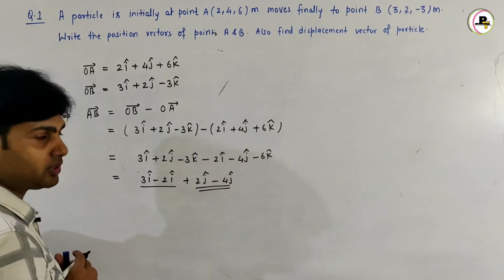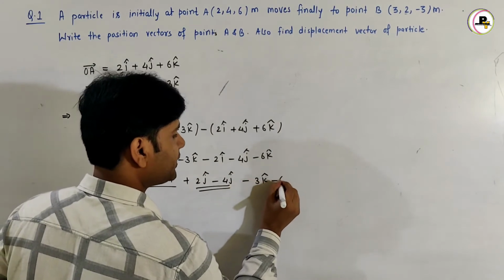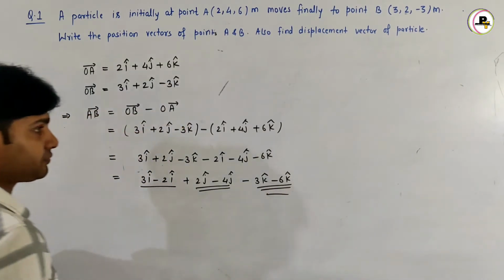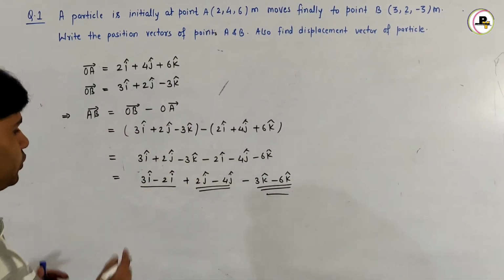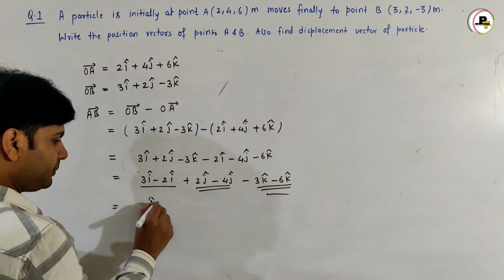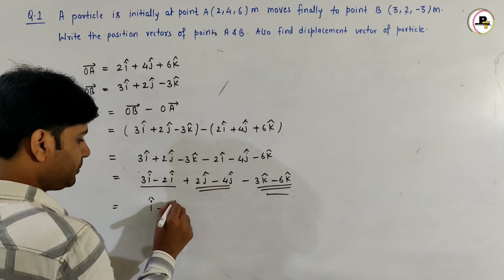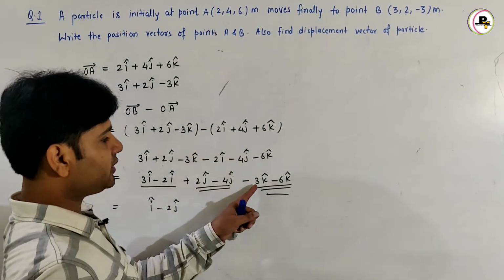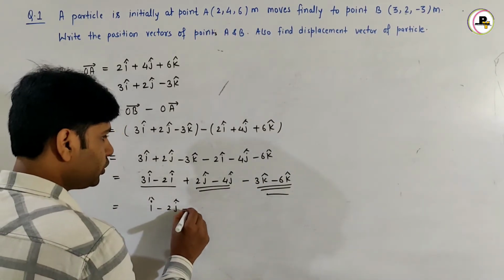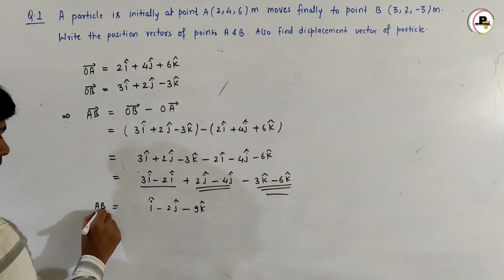These are another two similar terms, minus 3k cap minus 6k cap. These are another similar terms. So I can write here 3i minus 2i will be only i cap, 2j minus 4j will be minus 2j cap, and here minus 3k cap and minus 6k cap will be equal to what? Minus 9k cap. This is what? Position vector.